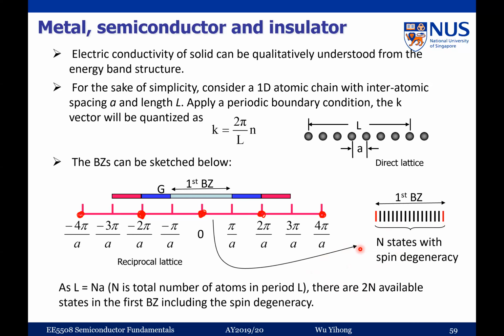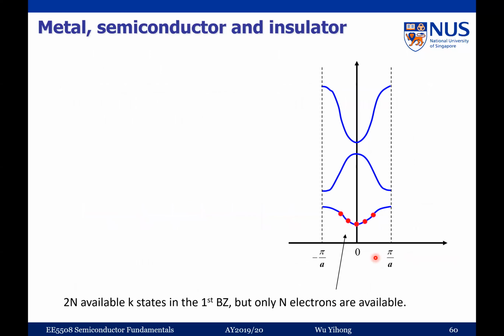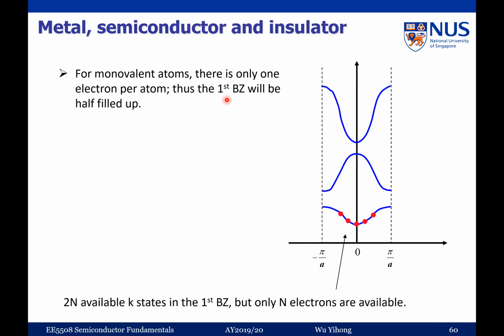Okay, so once you have this, now suppose you have a so-called monatomic chain, and each atom of the monatomic chain will contribute only 1 electron. So in this case, you see what happens.